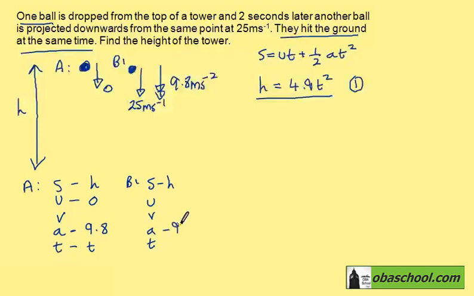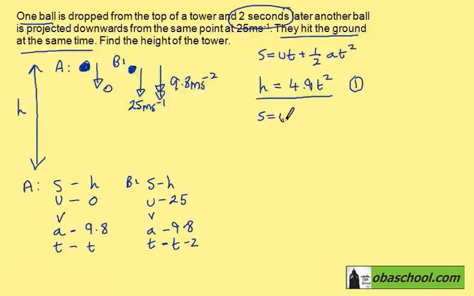The acceleration we know is 9.8, the initial velocity 25. The time taken, however, since it's 2 seconds after the first ball that this one is projected, is t minus 2. The travel time is 2 seconds less than this one.